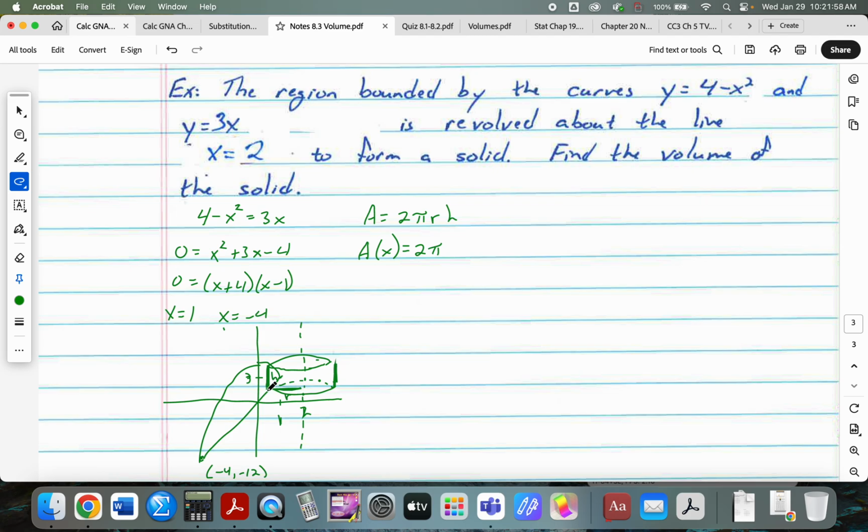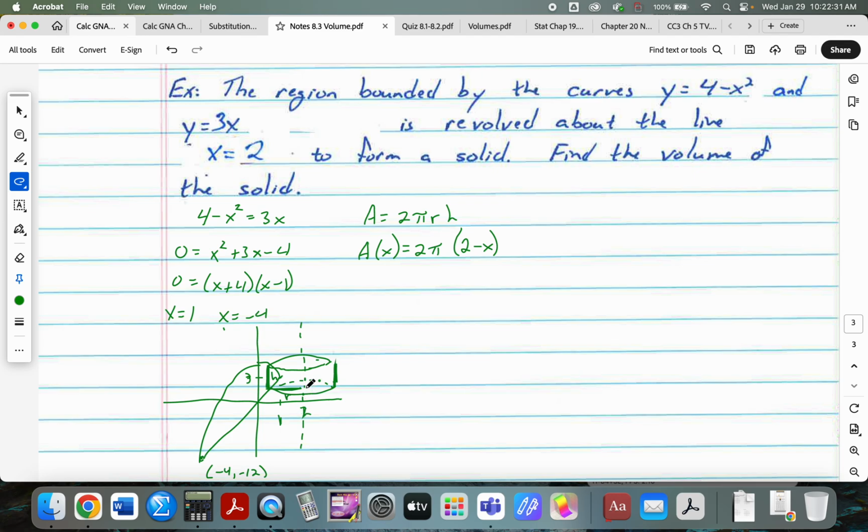So this horizontal distance is just the difference between the x value here, which is 2, and the x value here, which is whatever x happens to be. So the radius is going to be 2 minus x. And notice that when we're going from side to side, we're always going to be doing what's further right minus what's further left. Otherwise, I would get a negative sign.